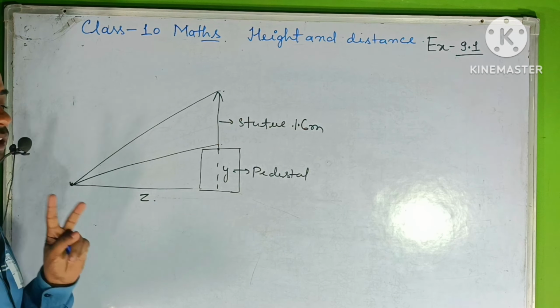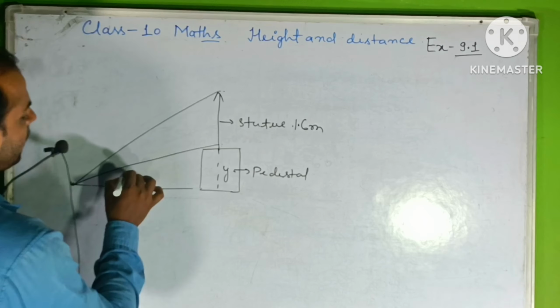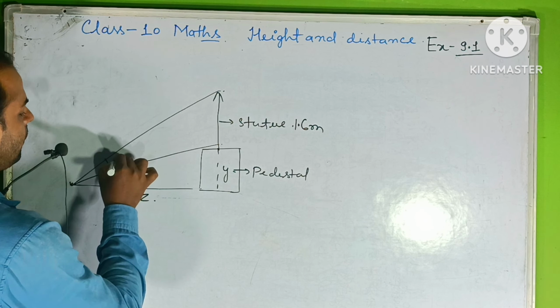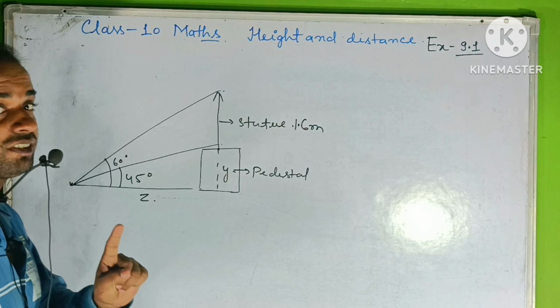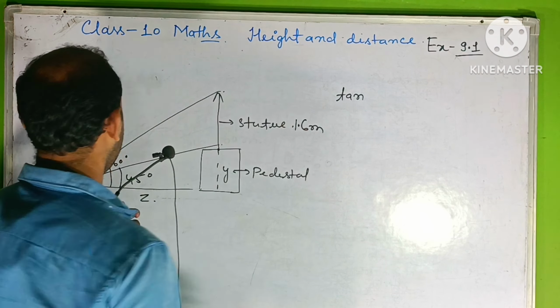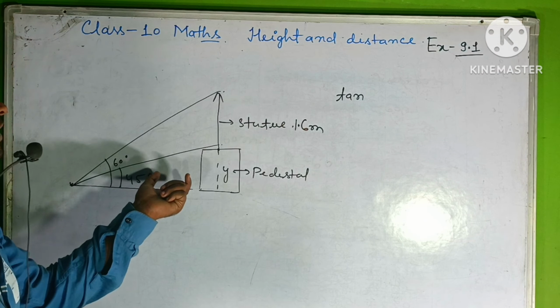And now see, there are two angles again. The smaller angle will be 45 degrees and the bigger angle will be 60 degrees. I think the question is the same. Now see, firstly we will use the formula for the smaller one, 45 degrees. Tan theta is equal to perpendicular upon base.